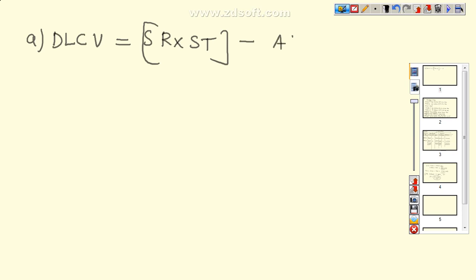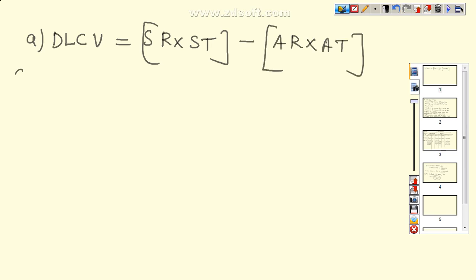First one we calculate direct labor cost variance, that is equal to standard rate multiplied by standard time minus actual rate multiplied by actual time.